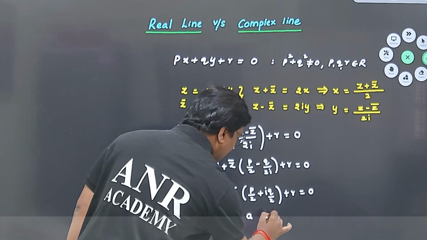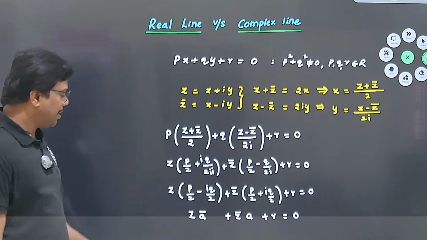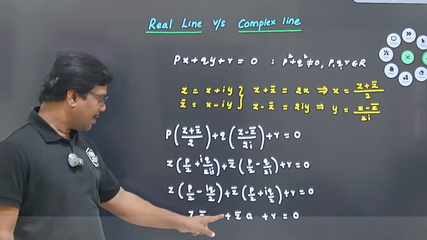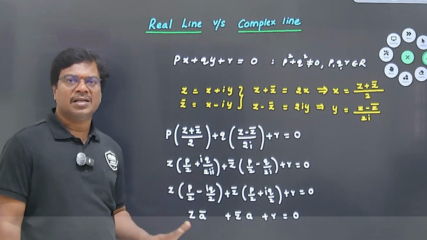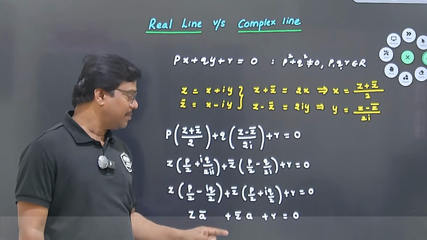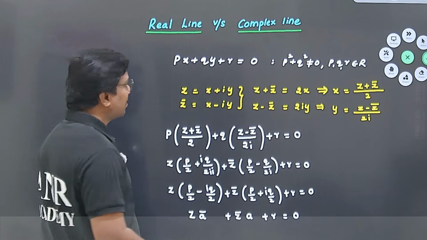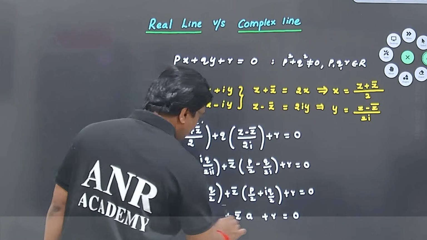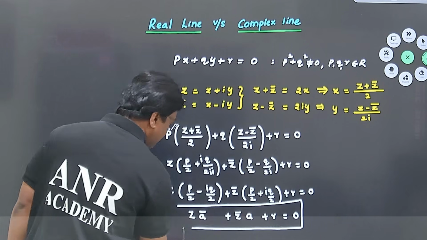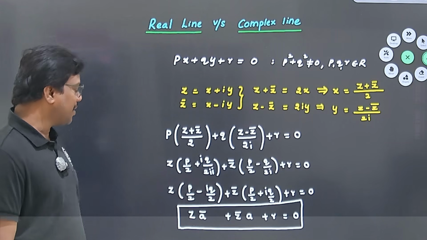Remaining plus r equals 0. Here z, z conjugate, A, A conjugate are complex numbers in complex form, and r is only real. And this is the equation of a straight line in complex form: z A conjugate plus z conjugate A plus r equal to 0.